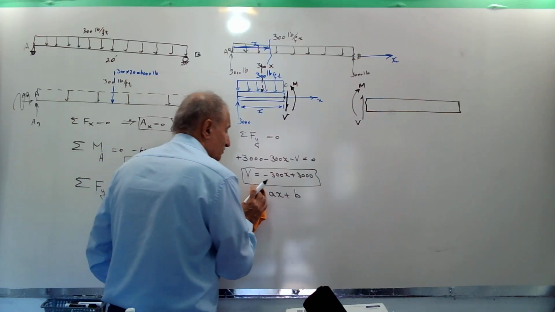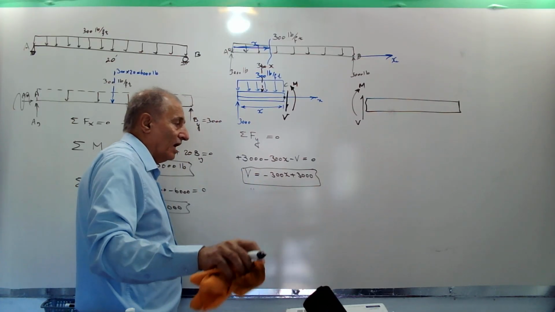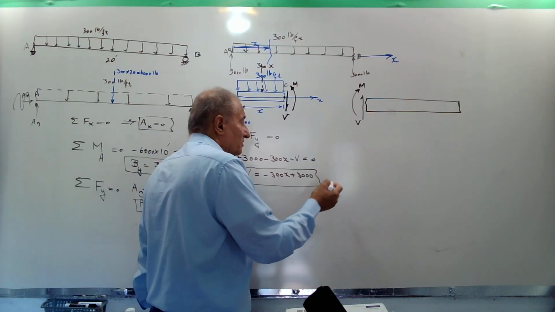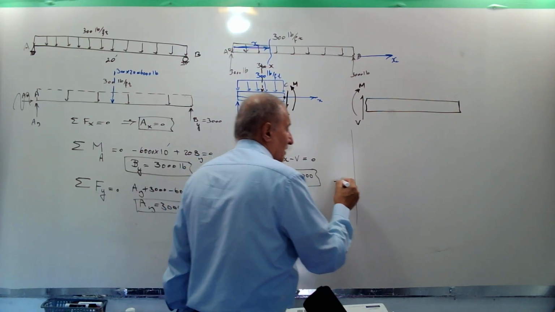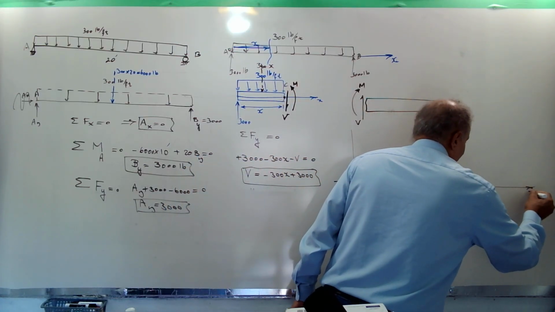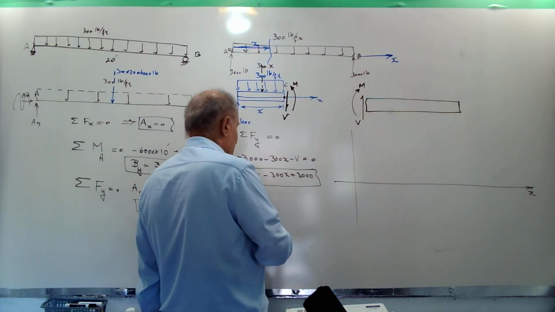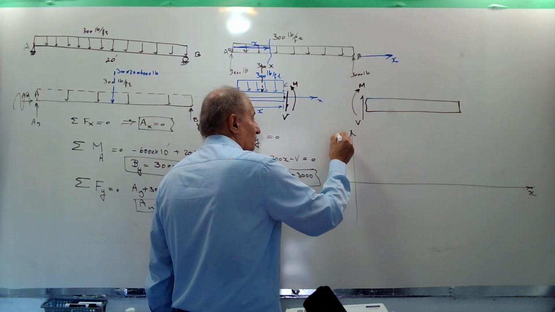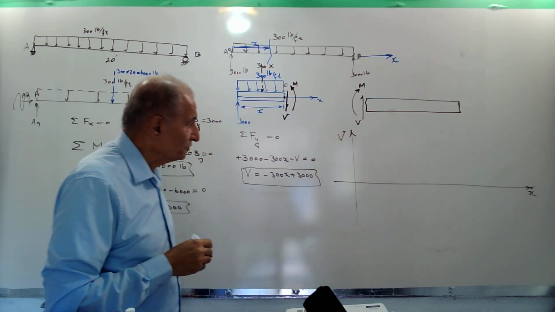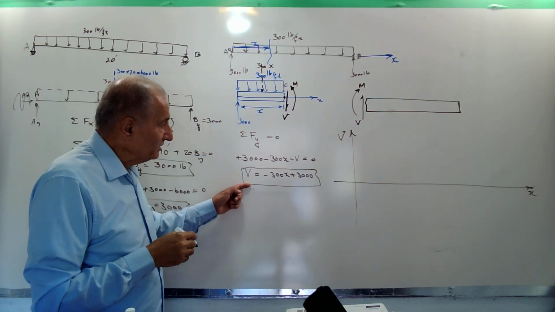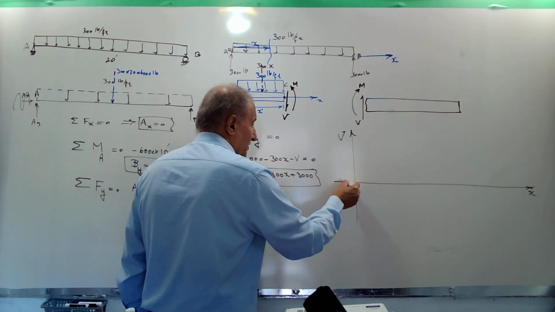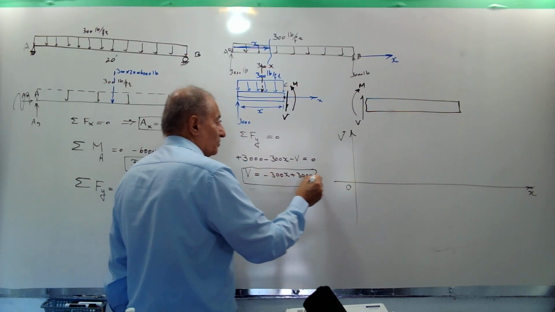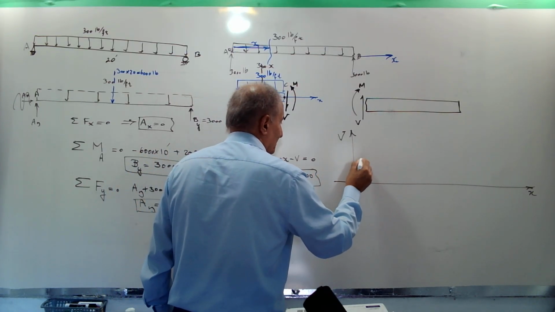Then let's draw this line. For a straight line I need only two points. I draw the x-axis, and because it is the shear force, the vertical axis is shear force V. At x equal to 0, at the origin, V is equal to plus 3000.